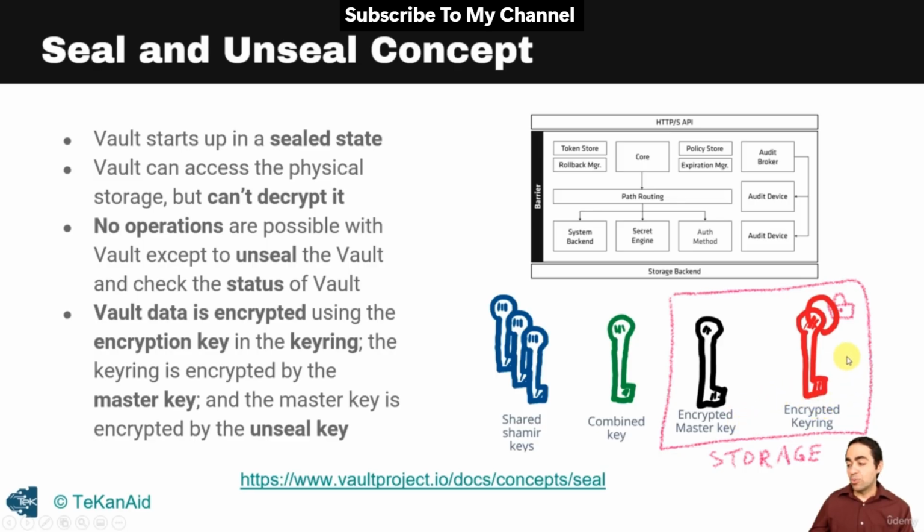Then we're protecting this key in the key ring by a master key, and we're protecting the master key with the unseal key, which is the combined key, basically, when you bring together the shared Shamir keys. So multiple levels of protection here, as you can see.